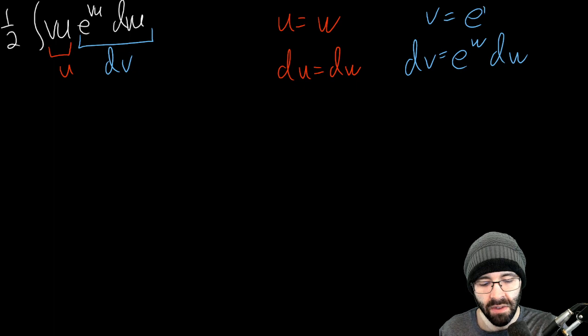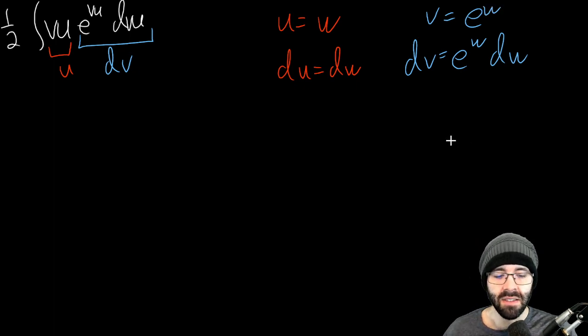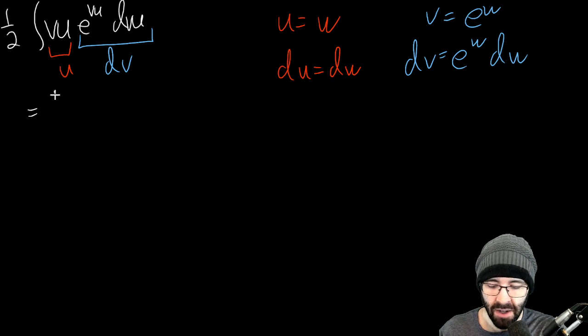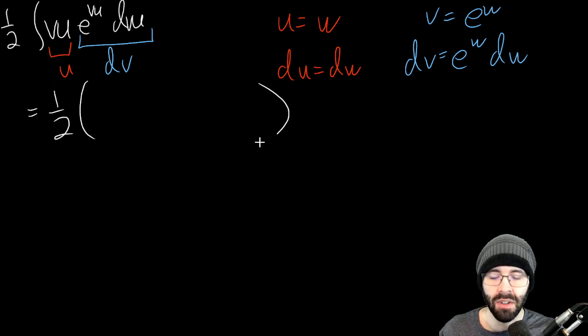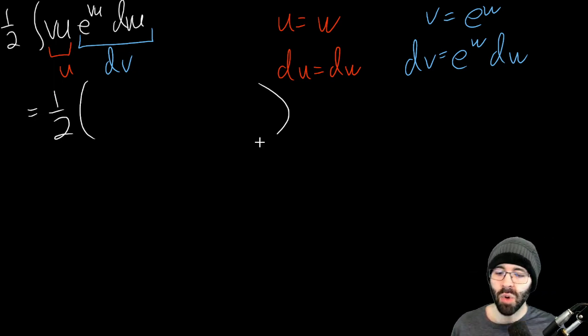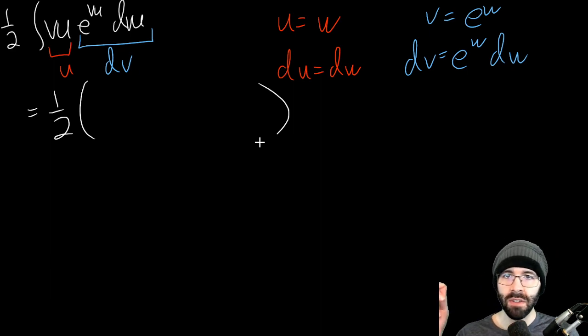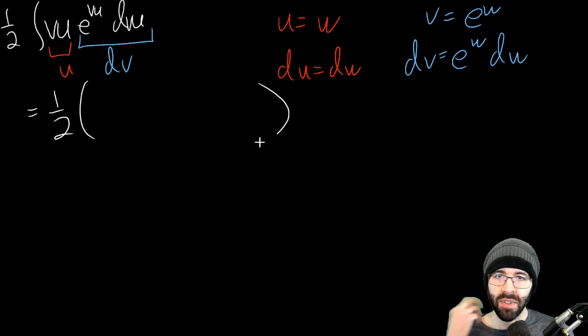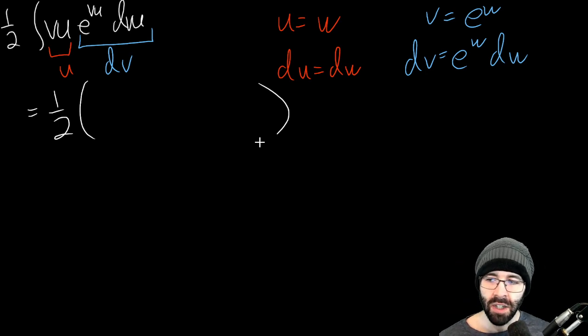Its antiderivative is just e to the w plus a constant, but we don't need that constant because it will always cancel out. So it's 1/2 times the integral. Very, very important. It's 1/2 times the whole integral. And the whole integral by the integration by parts formula is two parts. You really need these parentheses here.